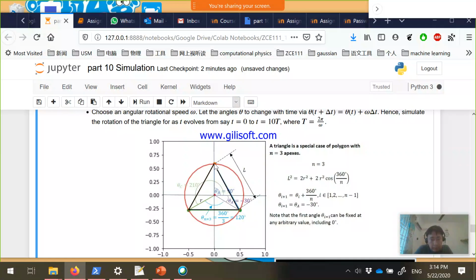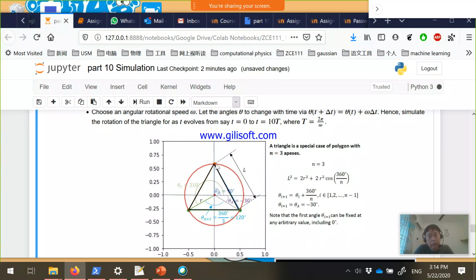You have a triangle in a circle, and each of the points is located on the circle. Then you make it rotate. So you want to simulate the rotation of a triangle inside a circle. Now, how do you do that?